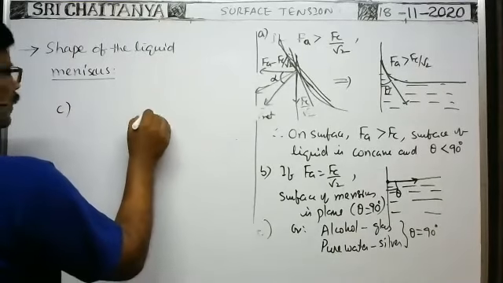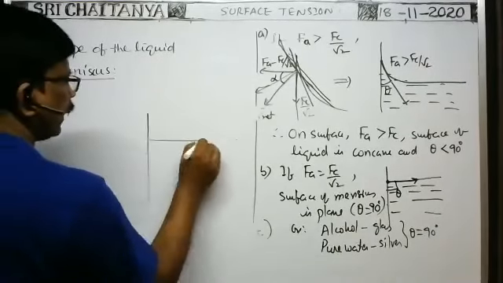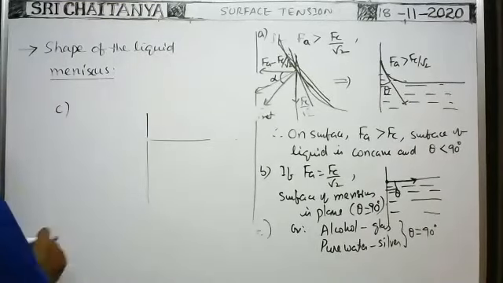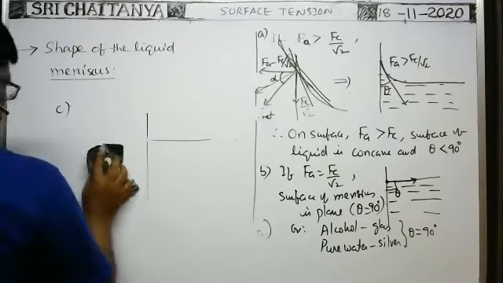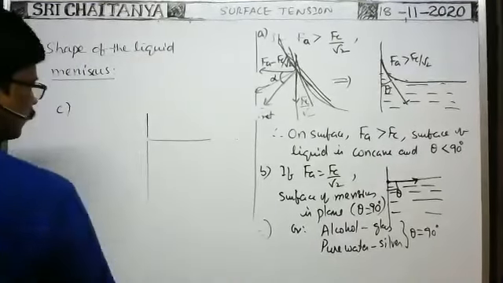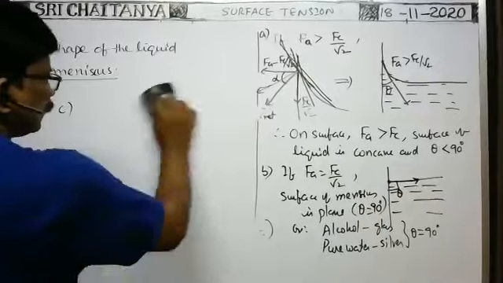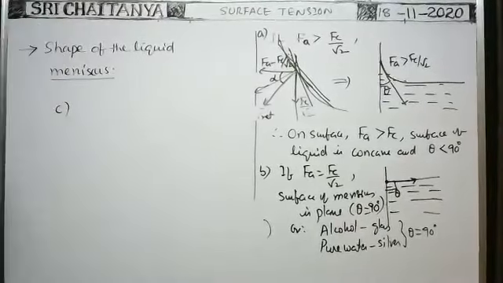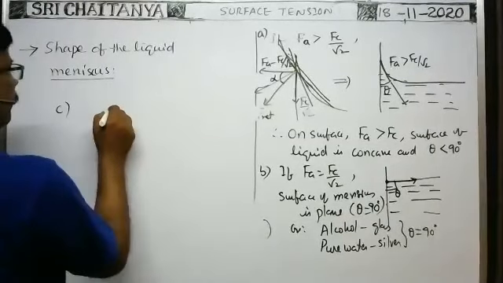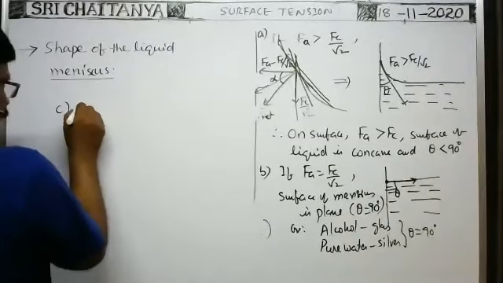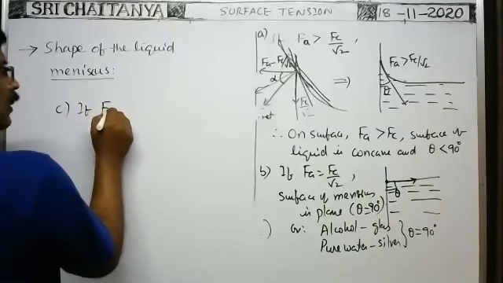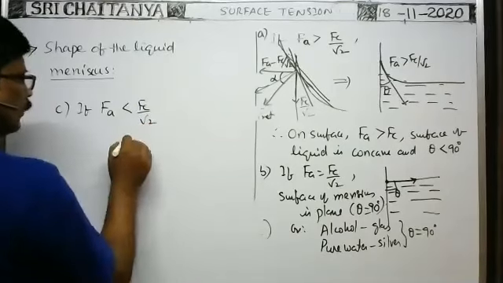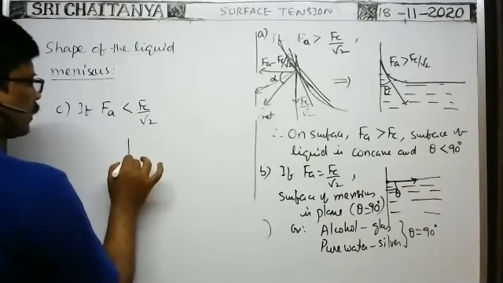Example C. Same case, the same diagram. On the surface of the liquid, you consider a molecule. If Fa is less than Fc by root 2, the adhesive force is less than the coercive force.